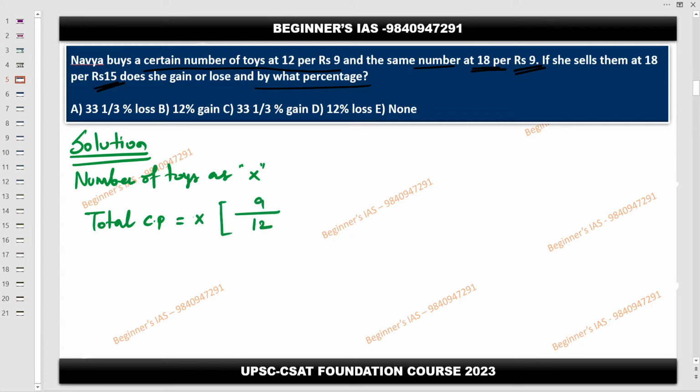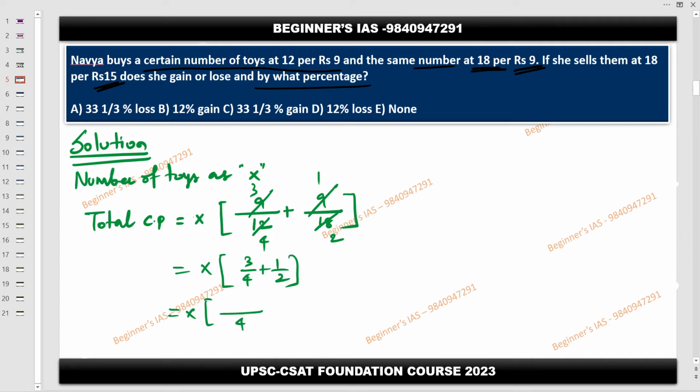So this many toys with respect to 12 for 9 rupees, then 18 for 9 rupees. Cancel this, here 1 by 2, then here 3 by 4. So therefore X into (3 by 4 plus 1 by 2). I'm just taking the LCM here, 4.